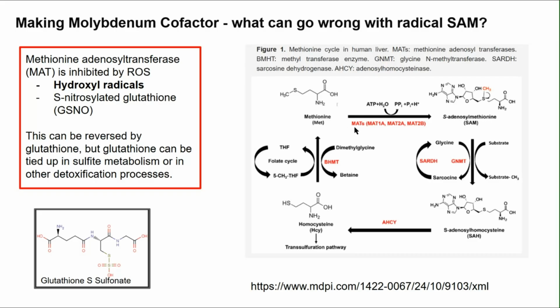But what I think could be going on for many people is that they have these excess hydroxyl radicals, and those are inhibitors of MAT. And then they don't have enough SAM to be able to make radical SAM. And then that leads to the inability to do many methylation reactions. And then that will lead also to lack of radical SAM to be able to make molybdenum cofactor and more sulfite.